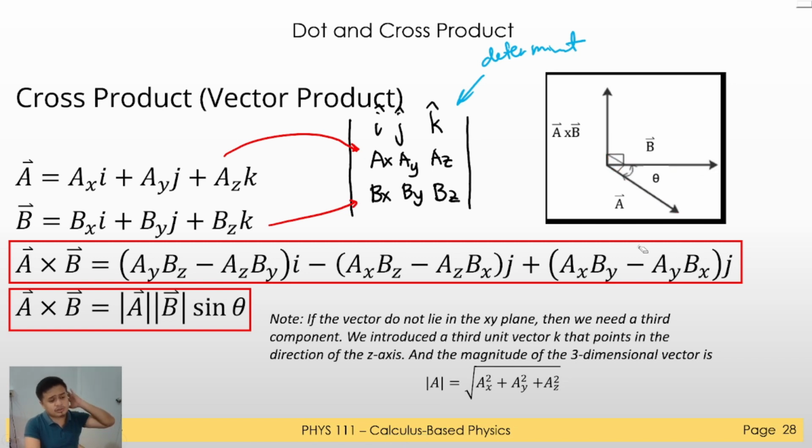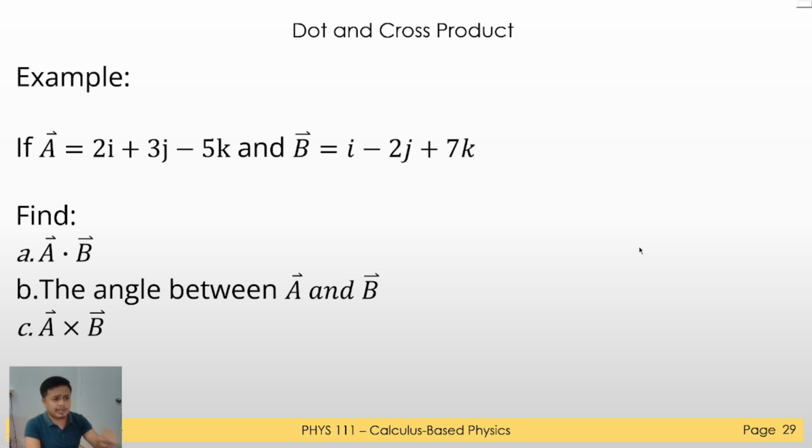Okay, so let's solve some problems. So given vector A and vector B, find the dot product of A and B, the angle between A and B, and the cross product of A and B. So one thing to remember, guys, that I forgot to say, dot product is commutative, meaning A dot B is also the same as B dot A. But the cross product is not commutative, meaning A cross B is not equal to B cross A, but instead this is just the negative of that.